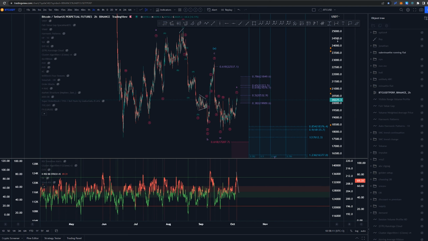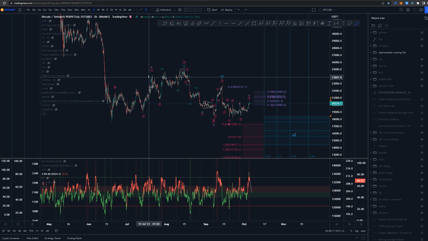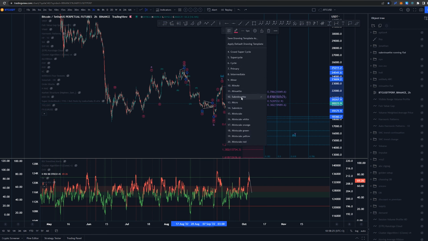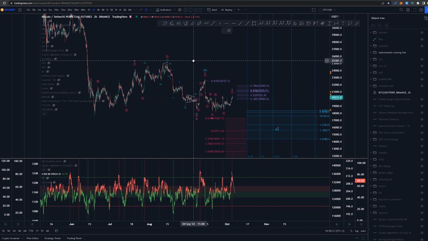Although, again, if we are looking at higher time frame, how does this wave A even form? A WXY into A, ABC into this B wave here. Yep. Actually, this should be smaller degrees. Let me fix that fast. That should be submicro, and this should be minuscule. There we go.